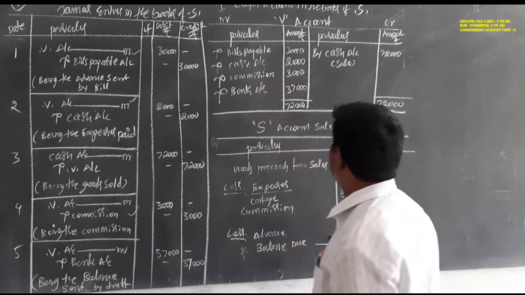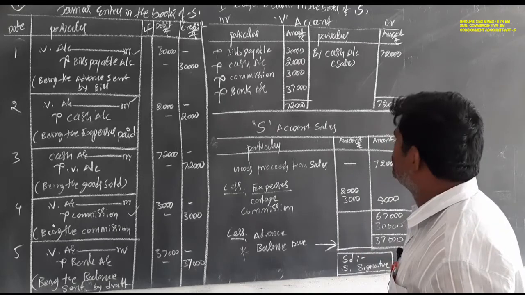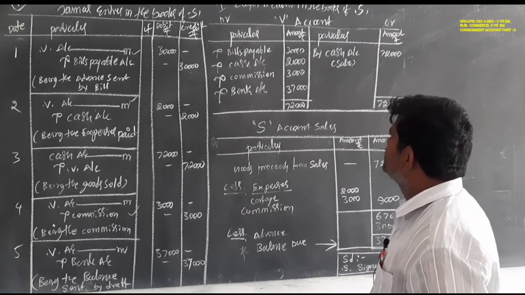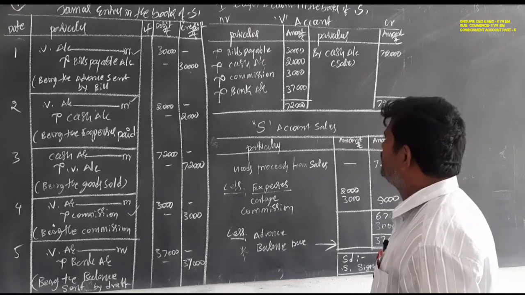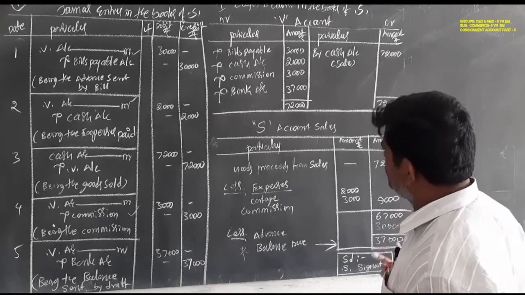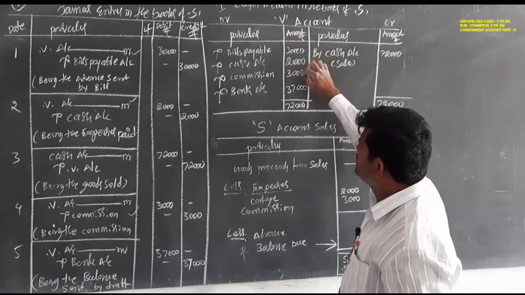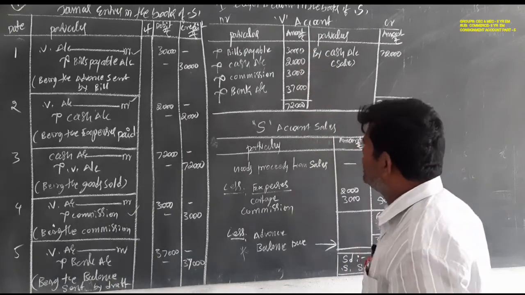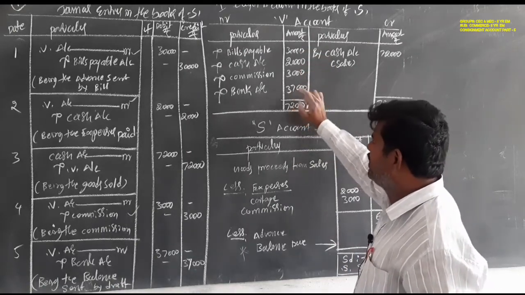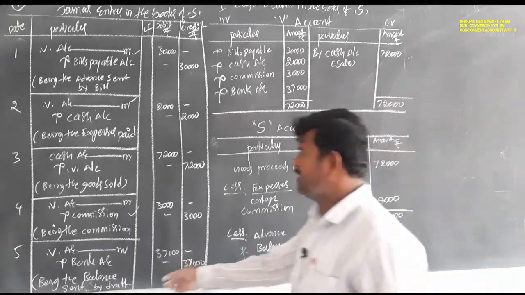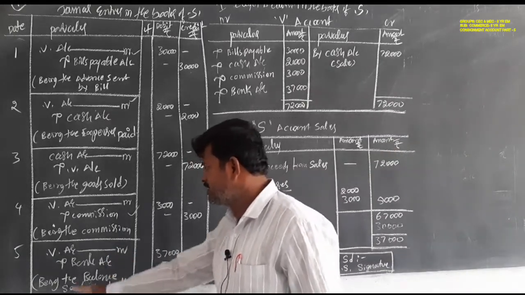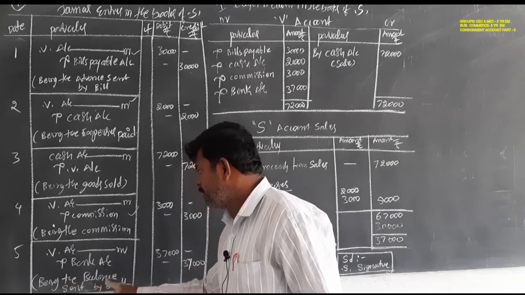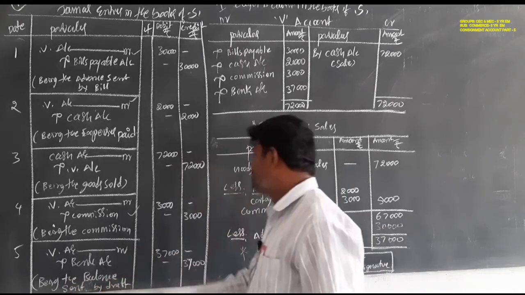It is the difference between 72,000 and 35,000 rupees; 72,000 minus 35,000, the difference is 37,000 rupees. So this is the entry: V account debit to bank account 37,000 rupees, being the balance sent by draft.